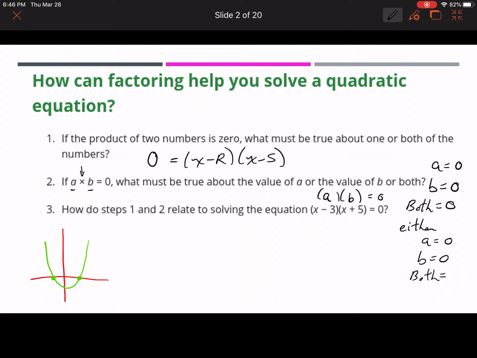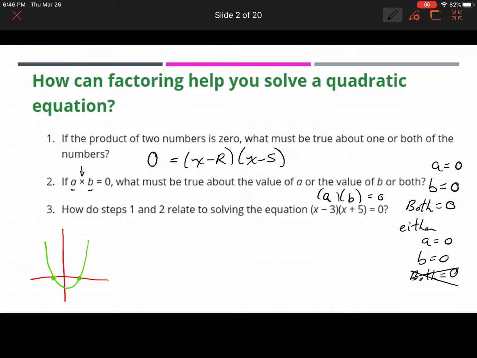In this case they can't both equal 0, because we're going to have two different answers for x. So for the equation to equal 0, A has to equal 0 or B has to equal 0.